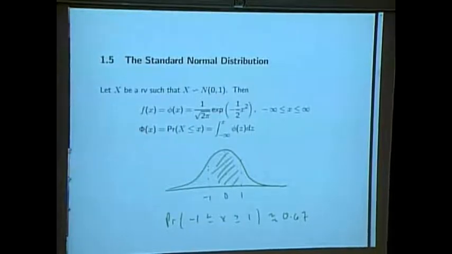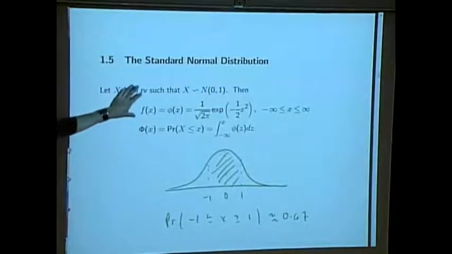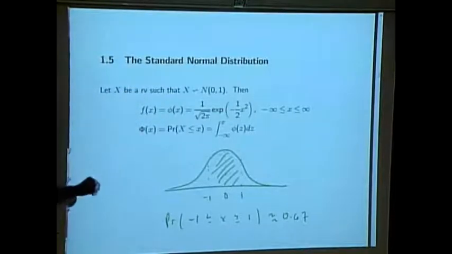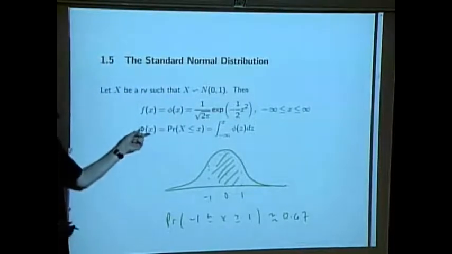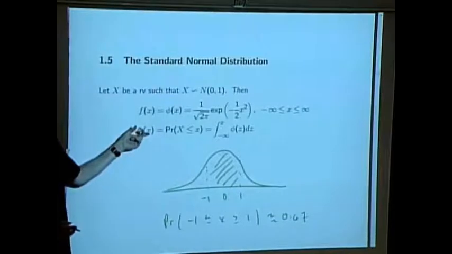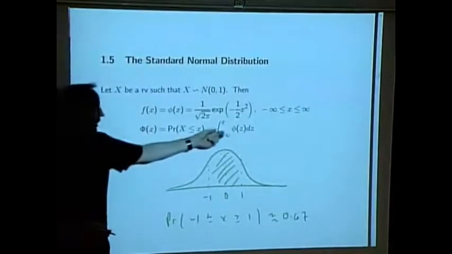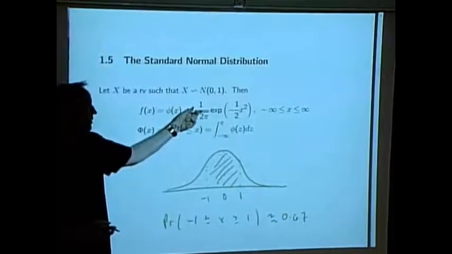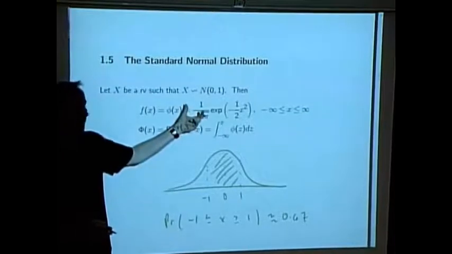And then the CDF, again, this integral, we can get the probabilities. Now, a problem with the normal distribution is that the CDF here doesn't have a closed form solution. So when we integrate this density function, we don't have an analytical antiderivative.